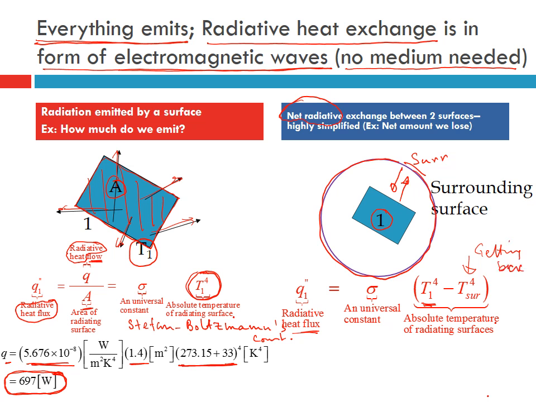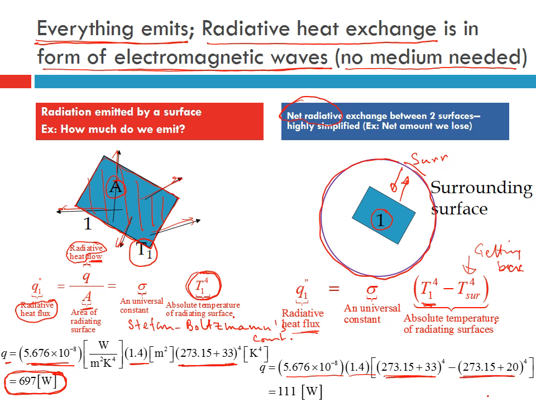We will have an entire chapter for radiation where we'll go through most of these details. So for now, using this simple formula, let's get a realistic estimate of how much heat we are really losing. So again, our body surface temperature minus, let's say, a surrounding temperature of 20 degrees centigrade.